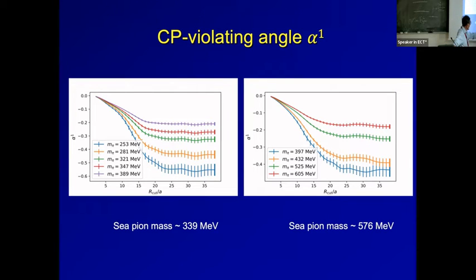In absolute value, alpha gets bigger. This is 2 point something, and this is 1 point something.